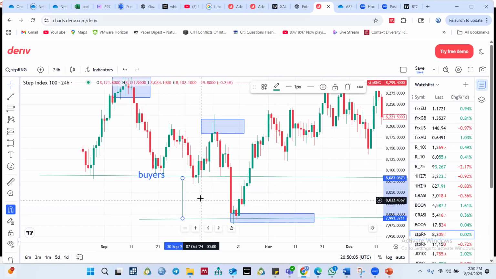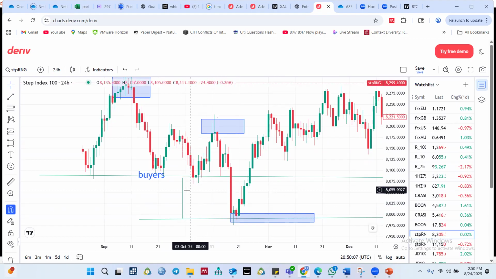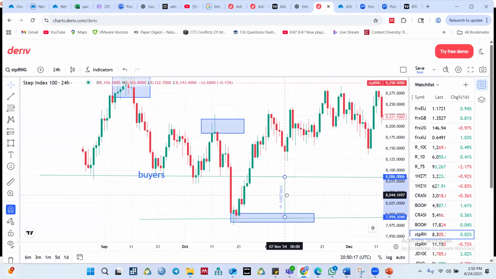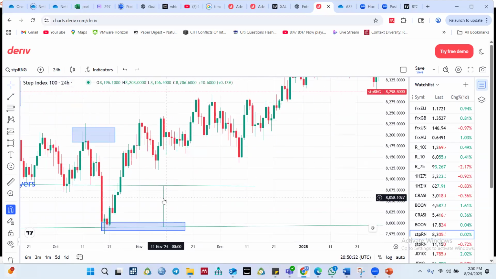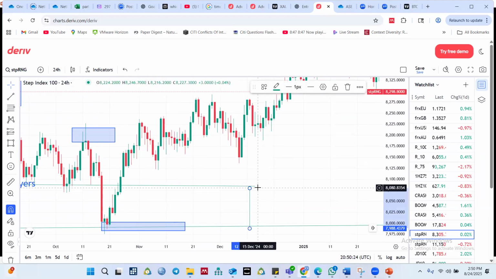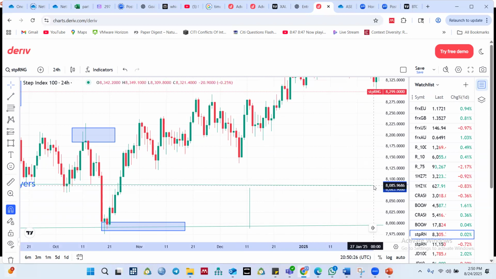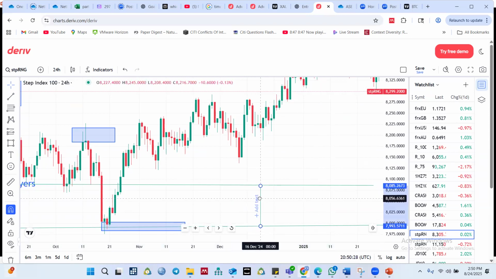The reason is just simple. The reason is because this candle is very, very big. The volume in this candle is very, very big. So if price comes here again in the future, the moment it breaks below this line, we are going to see sales.